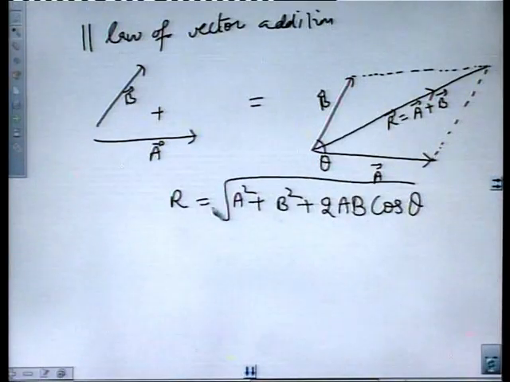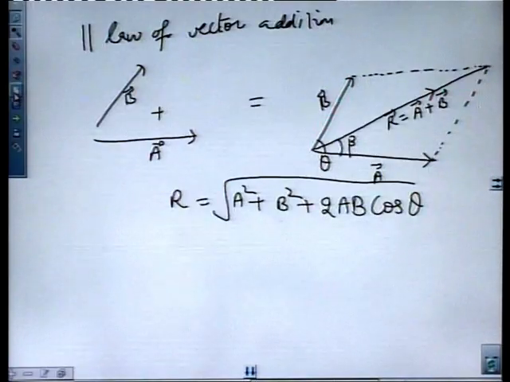So this we have to remember. We can also find the angle between this resultant R and the first vector A. Suppose this is beta, so this can also be calculated. Now after addition we take the subtraction.